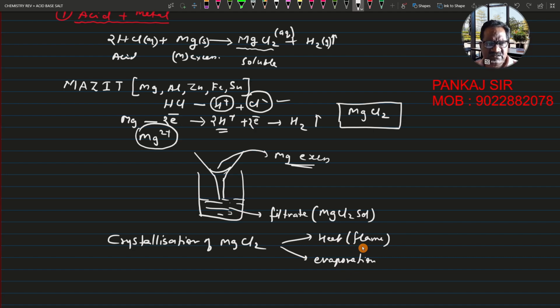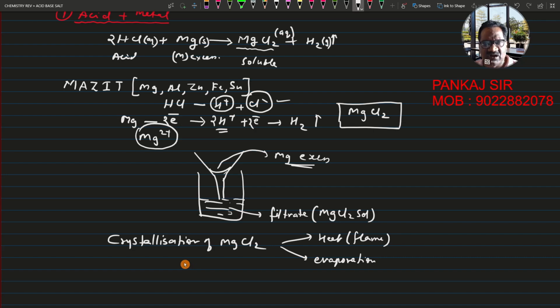When you heat, the magnesium chloride crystal formation will start. A stage will come when the crystallization will just start taking place, and the MgCl2 salt crystals will start coming out. That is known as the crystallization having started.